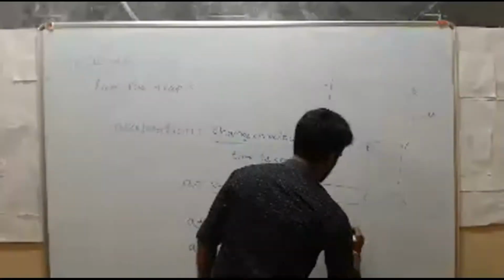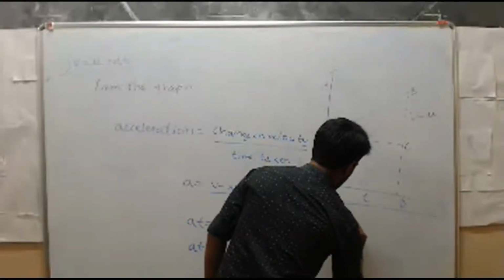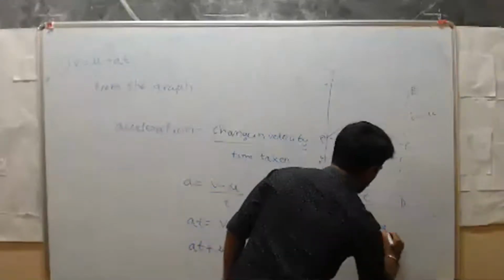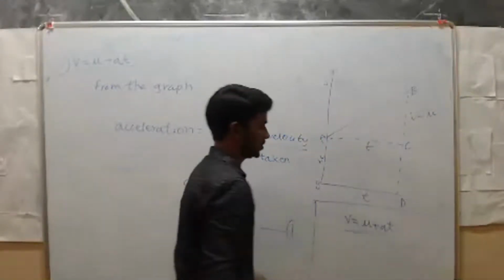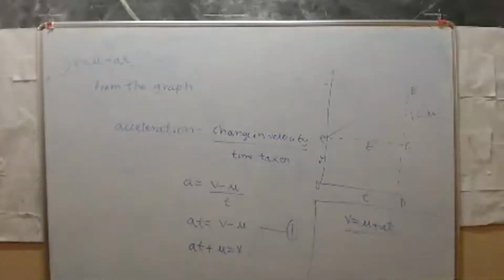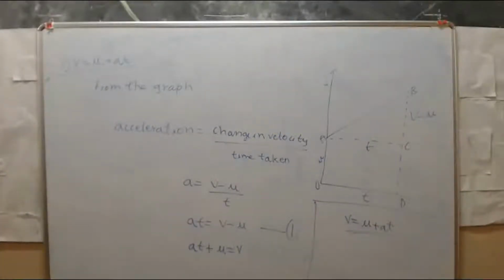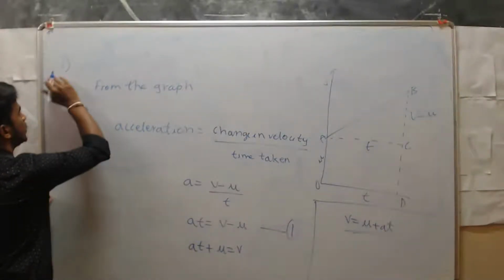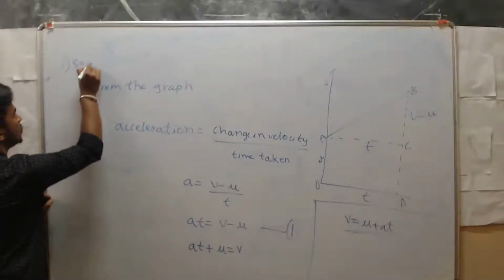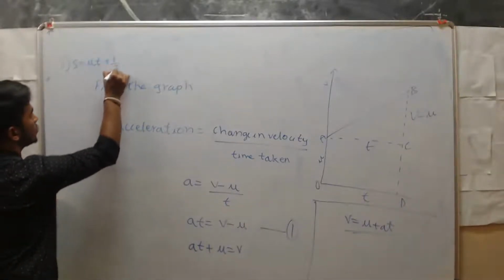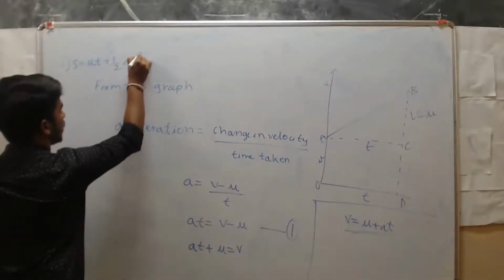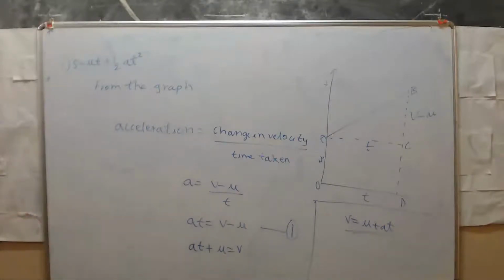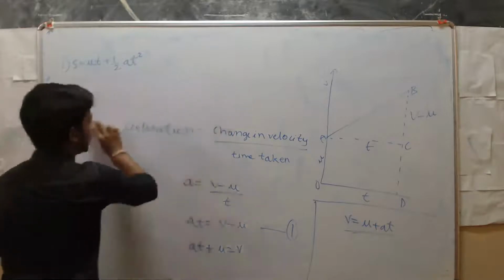So finally v is equal to u plus at. Hence proved first equation of motion. Next go to the second one, that is s is equal to ut plus half at square.